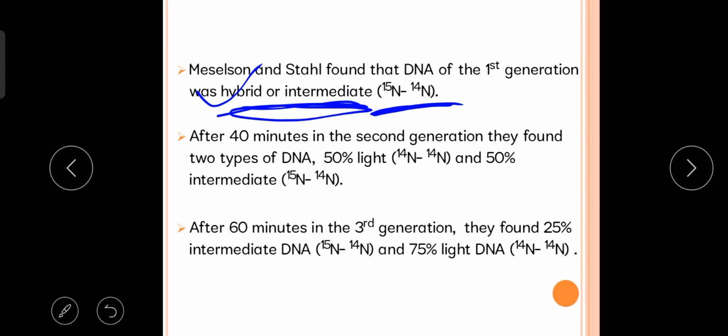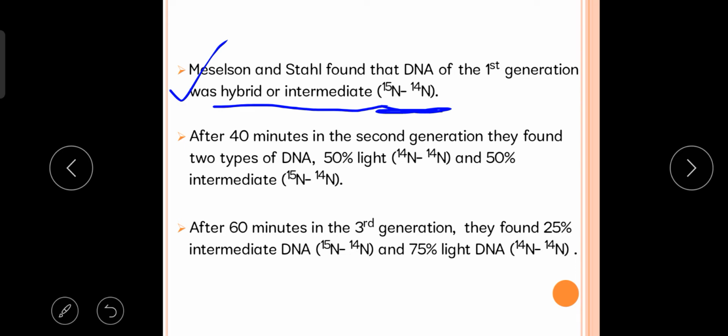Okay, do you get my point? That means after first generation, when Meselson and Stahl observed the new generation, they found that the product of first generation was hybrid or intermediate. That means the DNA contains both 15N and 14N strand.